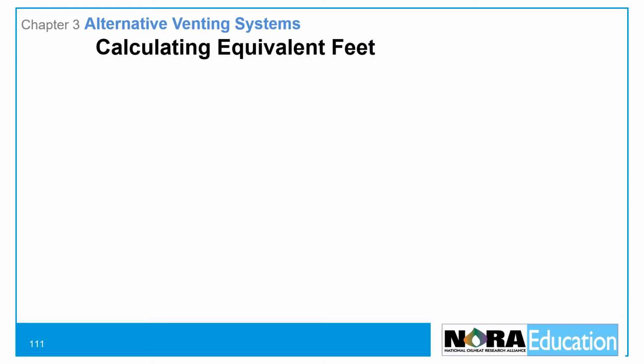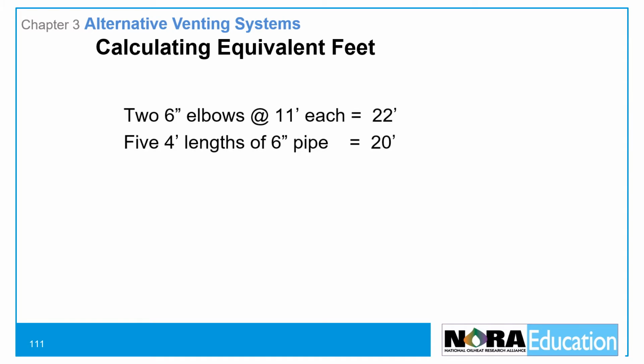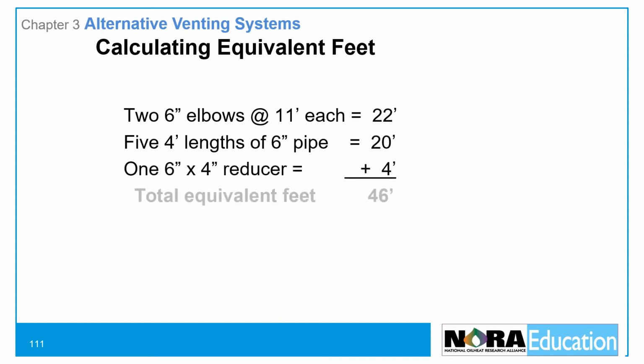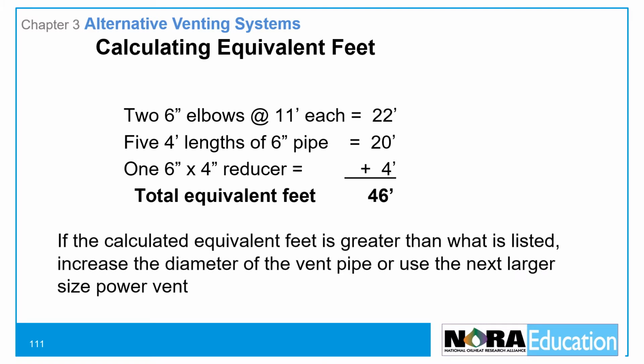As an example, an appliance with a 6-inch flue that includes two 6-inch elbows, 5 4-foot lengths of flue pipe, and one 6-inch by 4-inch reducer has 46 total equivalent feet. If the calculated equivalent feet is greater than what is specified for the power vent model being used, increase the diameter of the vent pipe or use the next sized larger power venter.